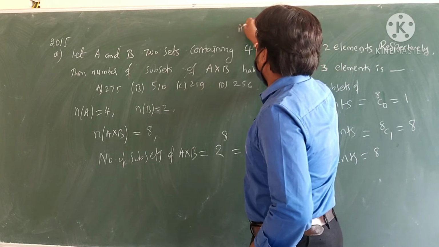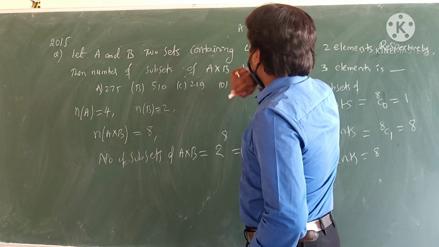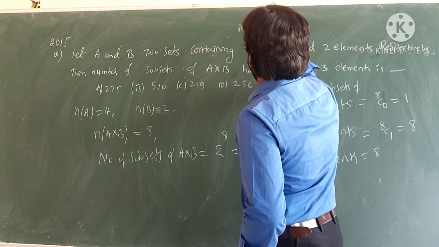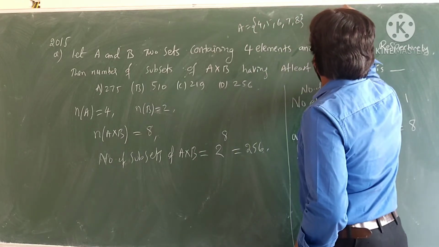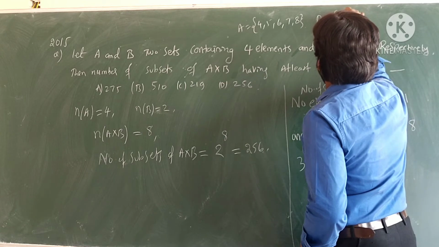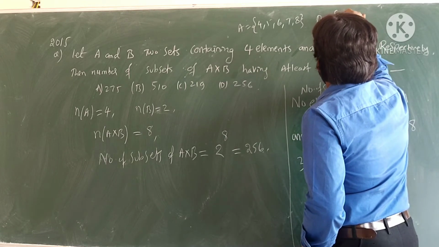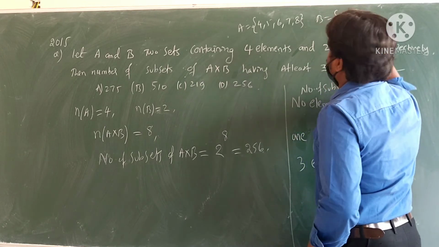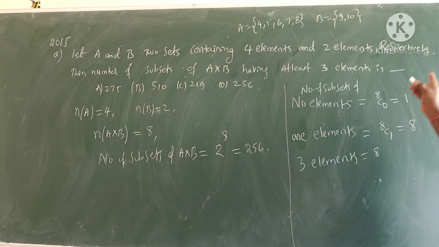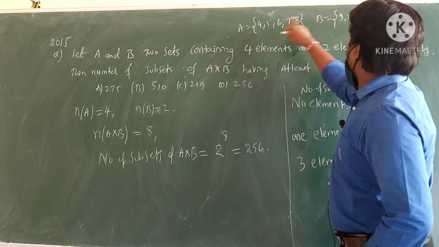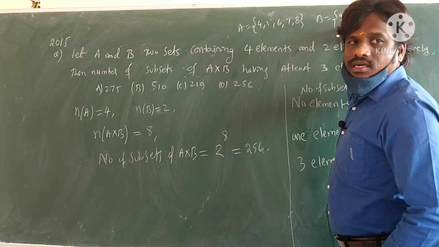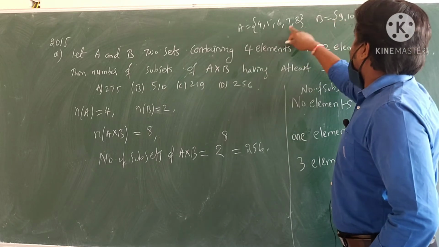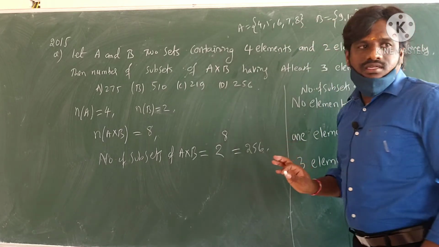Here A has 4 elements, like 4, 5, 6, 7, and B has any 2 elements like 9, 10, whatever it may be. Let us suppose like that. In that, a 1 element combination is: I can go for (4, 9), (4, 10), (5, 9), (5, 10), like that.